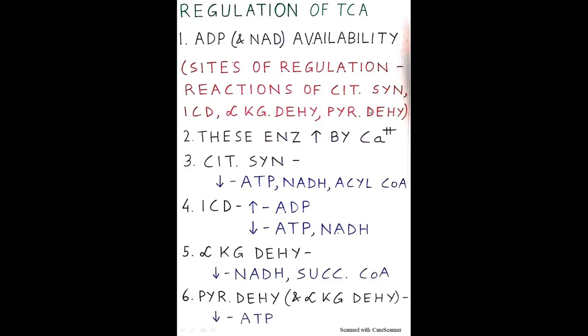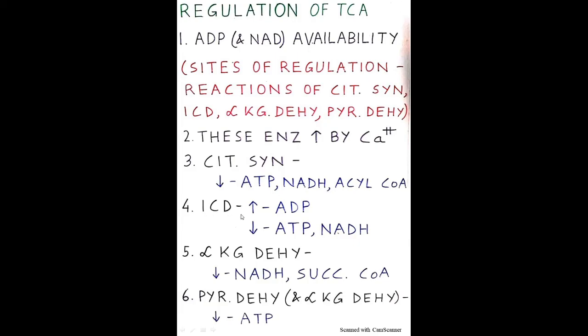In turn, these enzymes are stimulated by calcium, and individually citrate synthase is inhibited by the ultimate products of Krebs cycle like ATP, NADH.